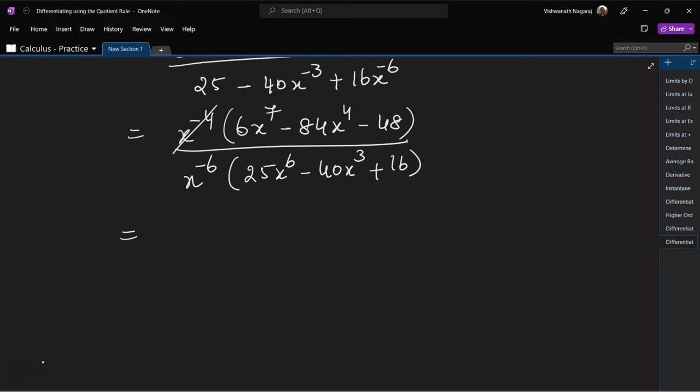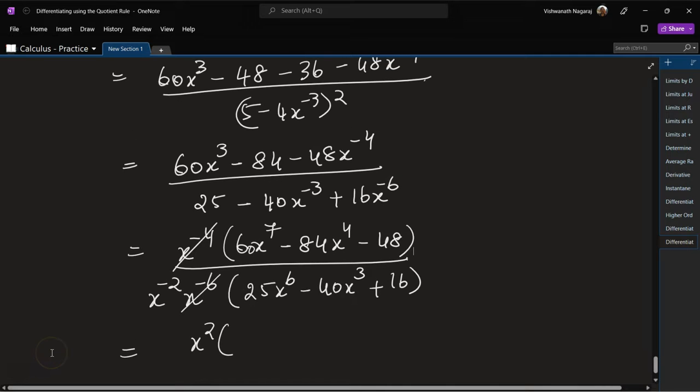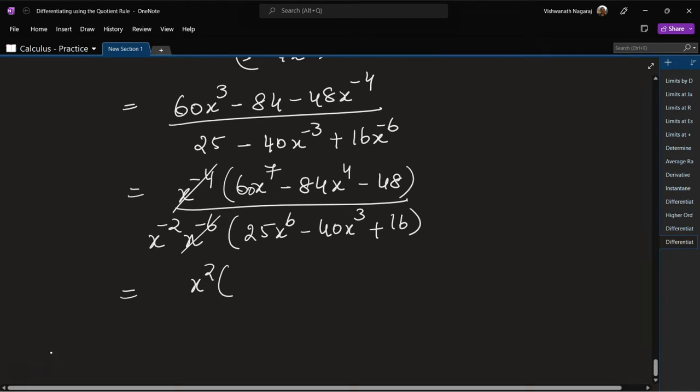And here, what do we get? Here, x to the power of minus 4 cancels. So we are left with x to the power of minus 2. So if we take it to the numerator, because again we don't want negative exponent, so x square times, this should be actually 60. See, it was 60 here. Here I missed writing 0.